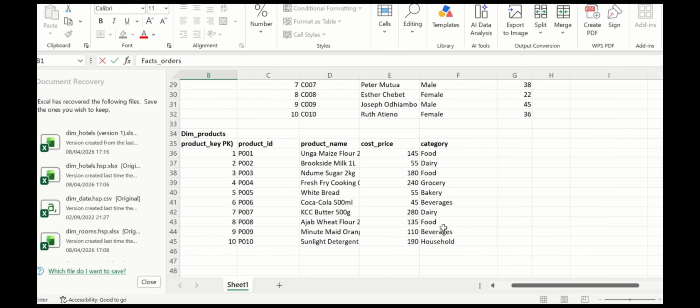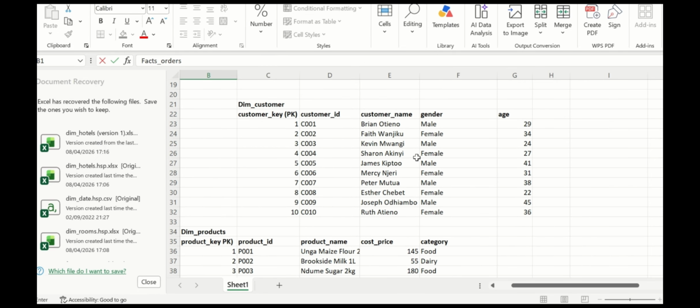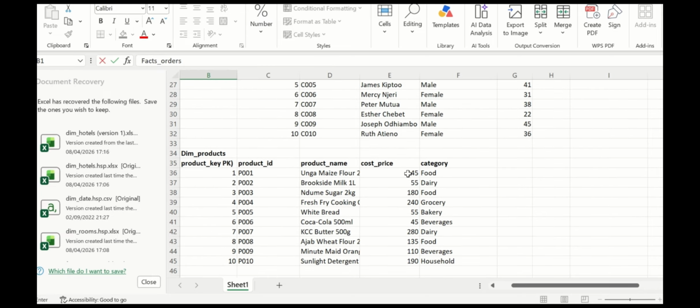That means we have denormalized our tables. When we split them further into smaller tables, that is what we call normalization, where we split the data into smaller tables so that we can reduce data redundancy. Yes, I think that one is clear.